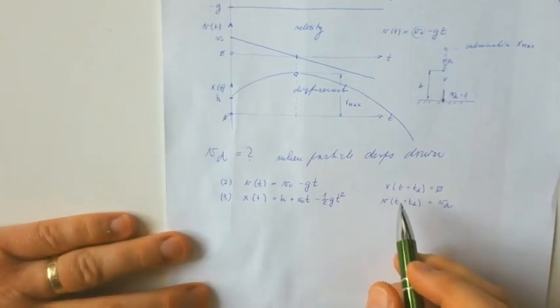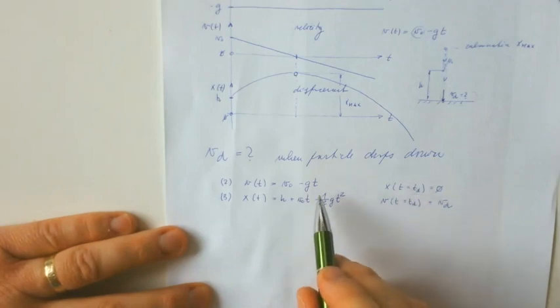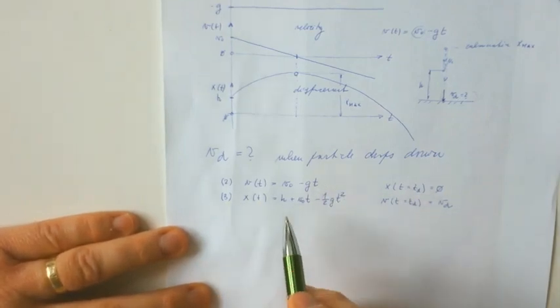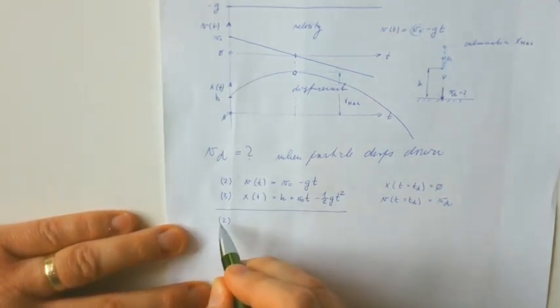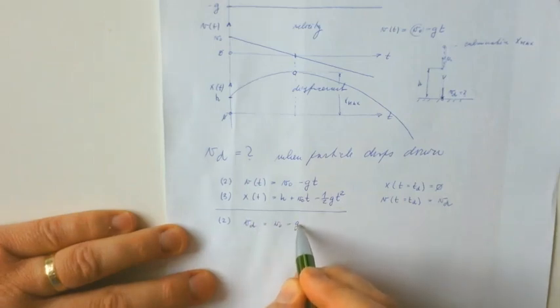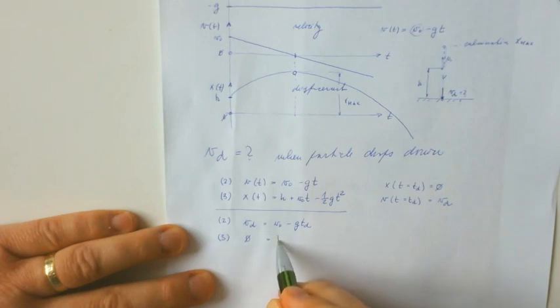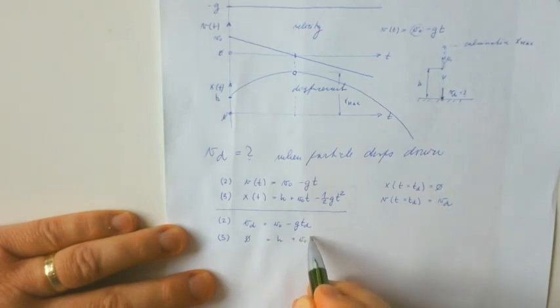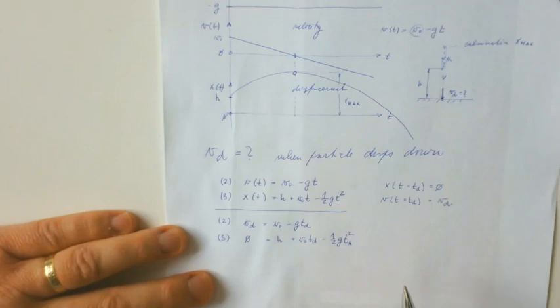Okay, so we can substitute these conditions into this system of two equations. So we can write second equation as Vd is equal to v0 minus g td, and third equation 0 is equal to h plus v0 td minus a half of g td square.